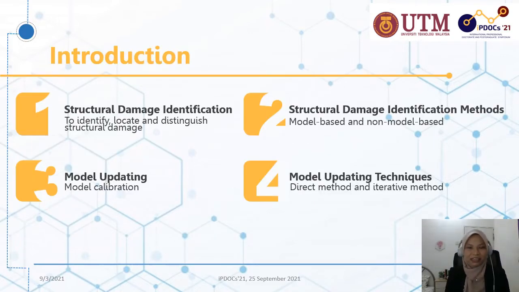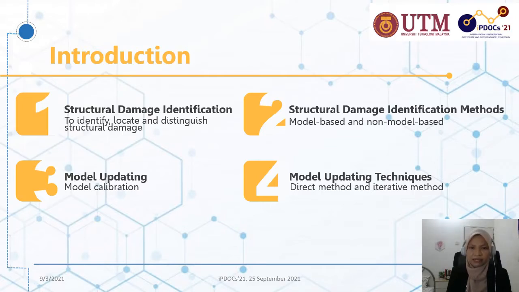Structural damage is a long-standing challenge for the engineering community because deterioration of the structure will badly affect its safety and reliability. Damage can be described as any difference in the structural physical properties or material properties that may cause unwanted stress, displacement, or vibration on the structure due to several factors such as corrosion, fatigue, and cracks.